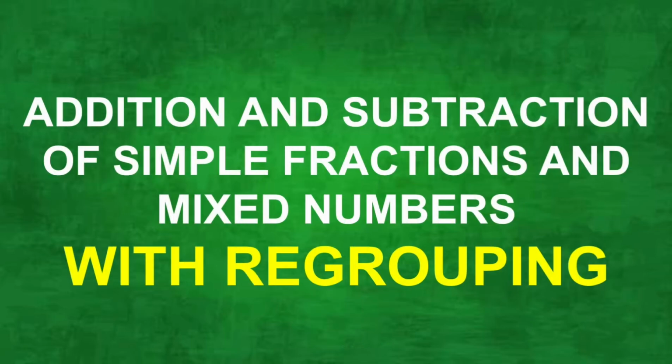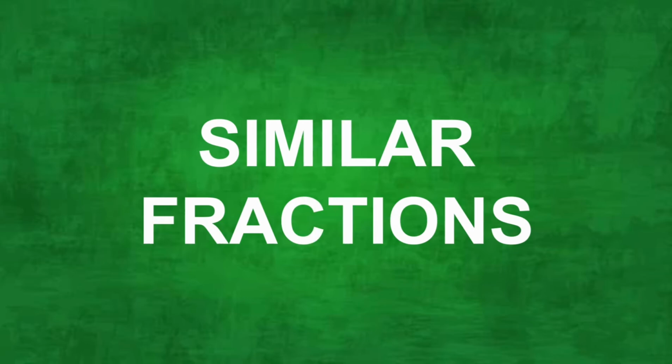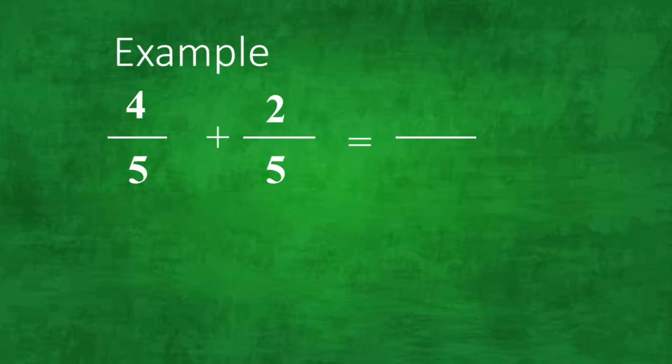Now let us have addition and subtraction of simple fractions and mixed numbers with regrouping. How do we add or subtract similar fractions and mixed numbers with regrouping? Let us have 4/5 plus 2/5.